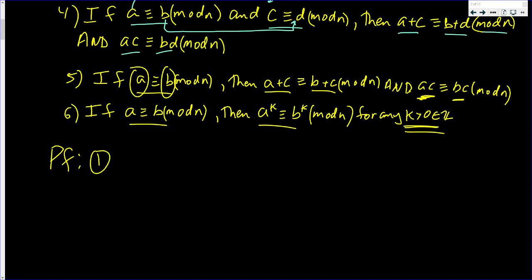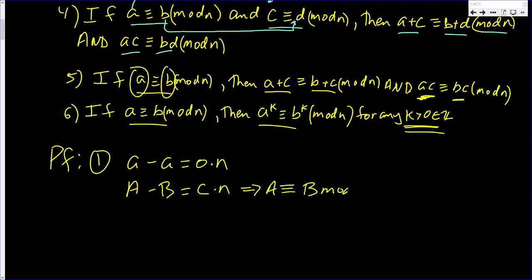The proof of the first one. a minus a is 0 times n. Well, remember, if a minus b is some number times n, that implies, by definition, that a is congruent to b mod n. I don't care if a and b are the same.